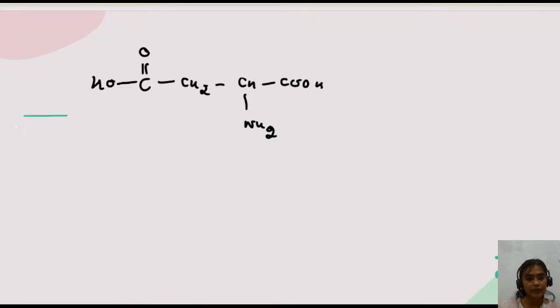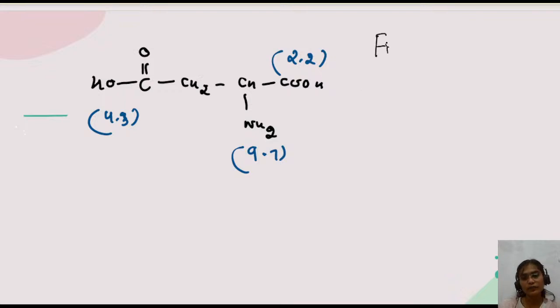Some values are like this is 4.3, okay, and this is 9.7, and this is 2.2. Okay, so the question asks, find out the isoelectric point. So find the isoelectric point. Okay, this kind of numerical is asked from this topic.